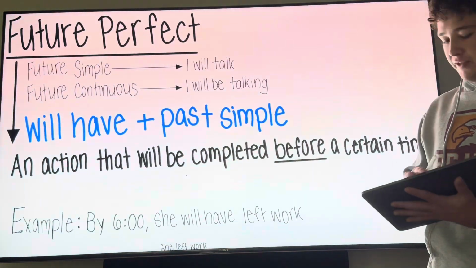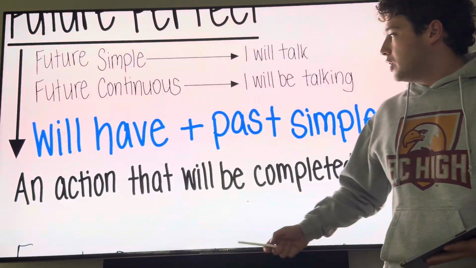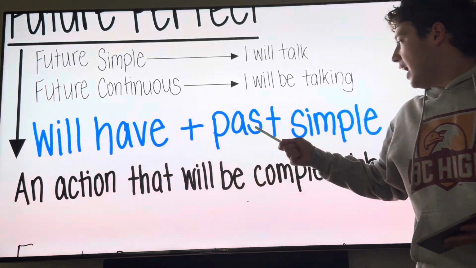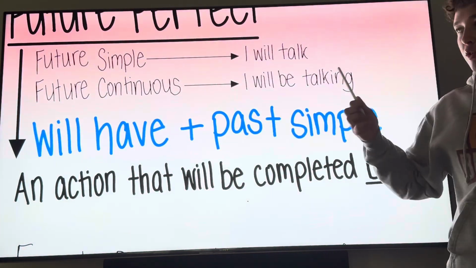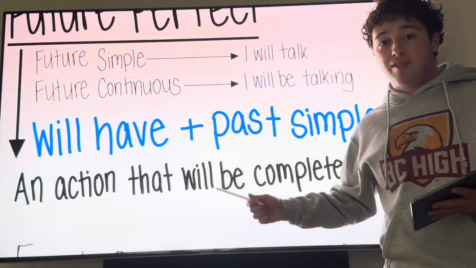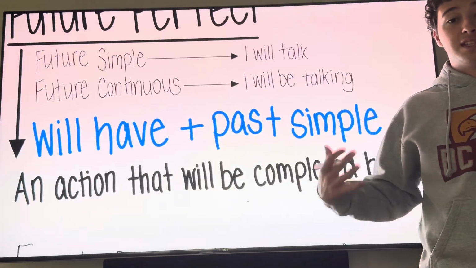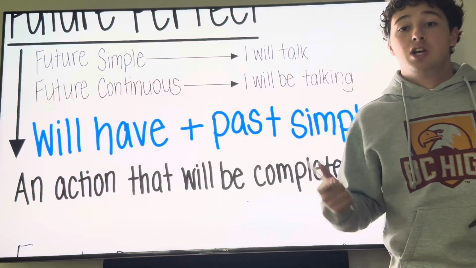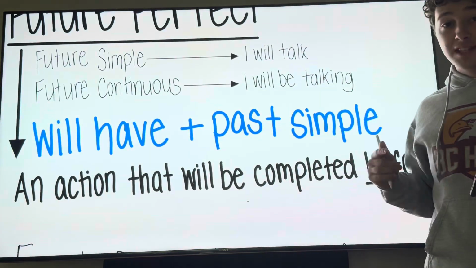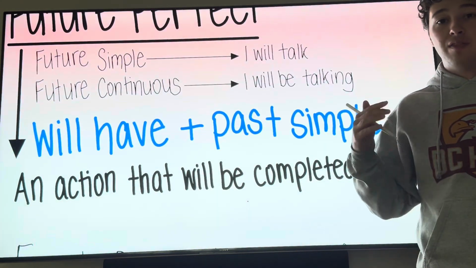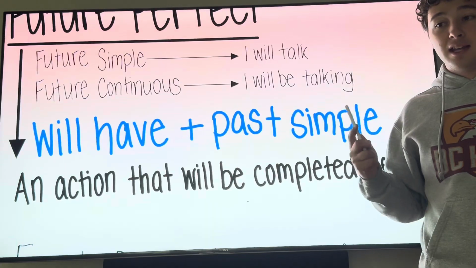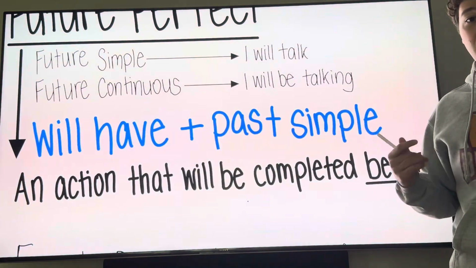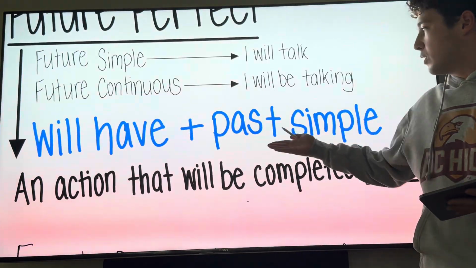So, the future perfect is formed like so. You use will have, and then the past simple form. Will have, and then the past simple form. The same one that you would use for past simple and past perfect. There is a Quizlet below in the description that I also recommended in lesson 6 about the past perfect that has all of these verbs in their forms.